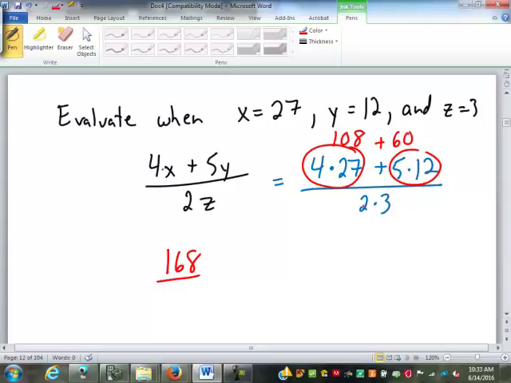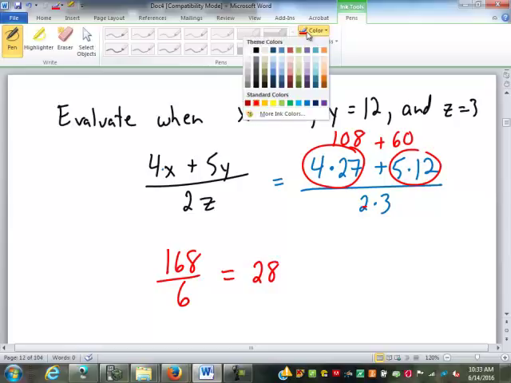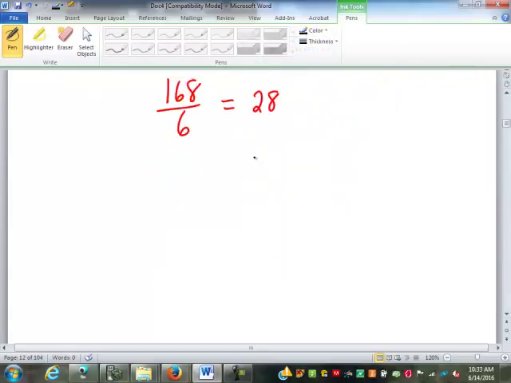On bottom, 2 times 3 is 6. 168 divided by 6 is 28. What do you think? Good stuff? You want to try one yourself, don't you?